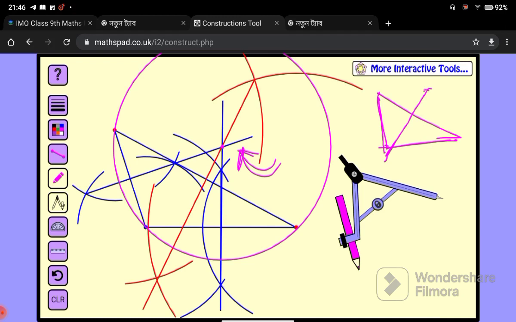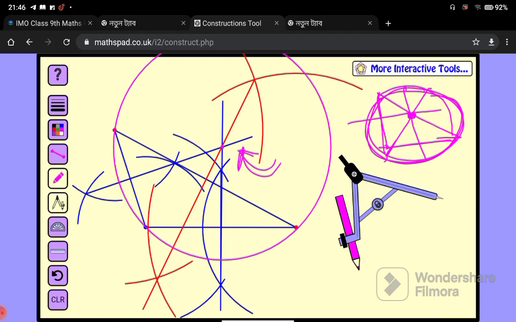So the perpendicular bisector will be here, another perpendicular bisector here. Yes, so in case of a right angle, your circumcenter will be where? On the hypotenuse.